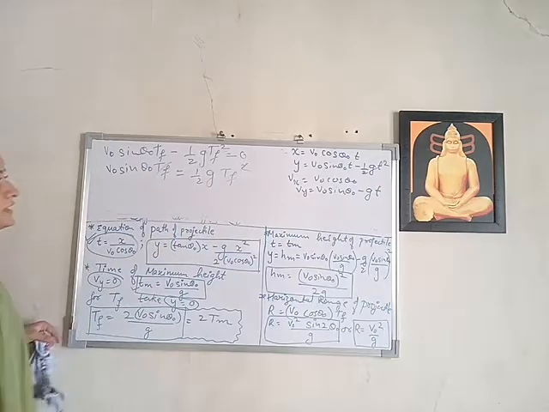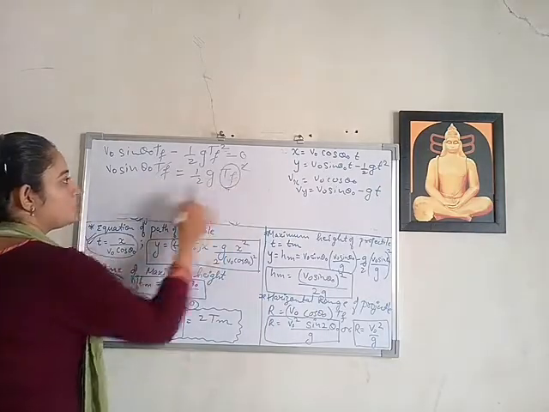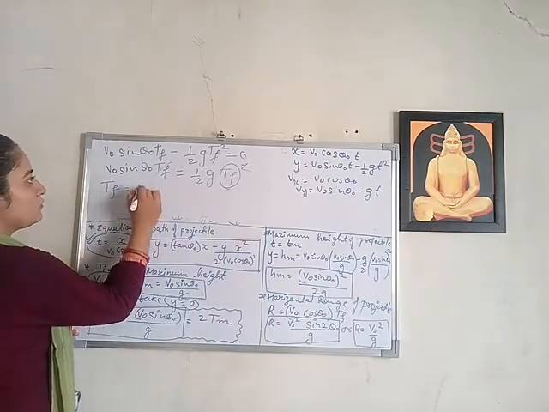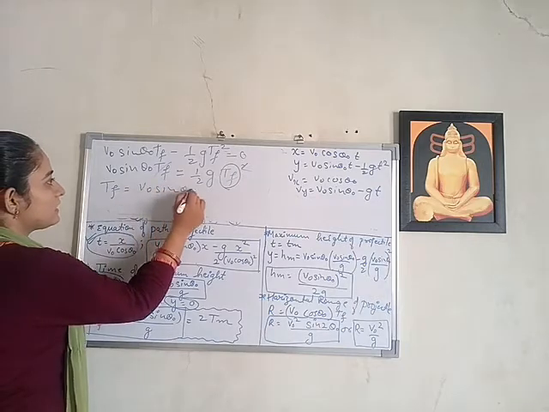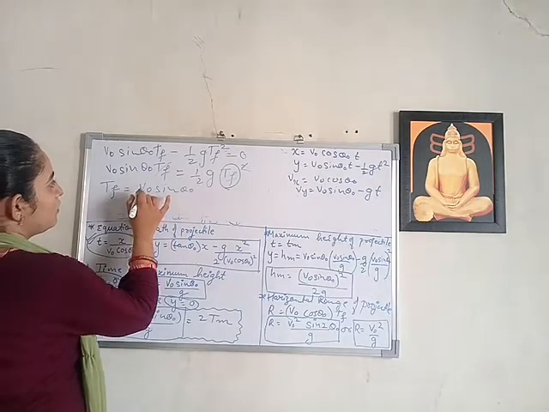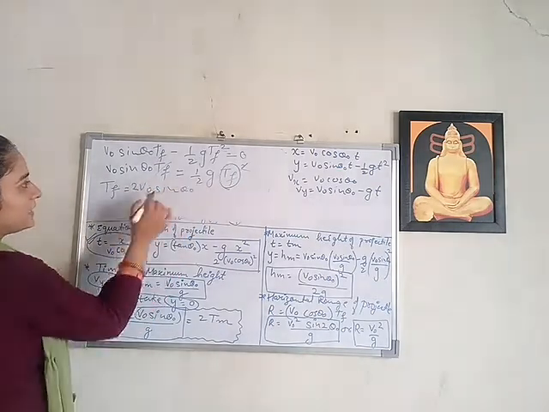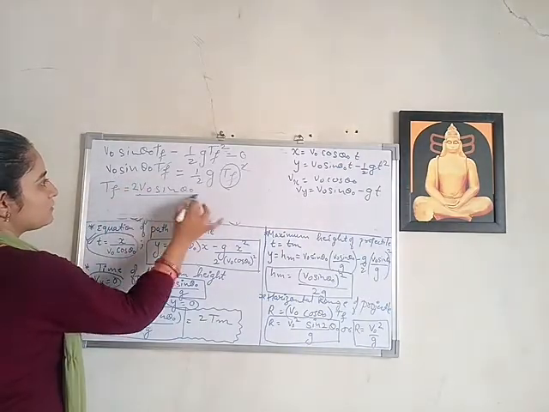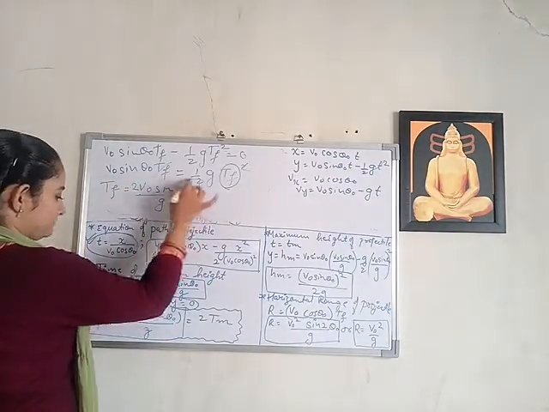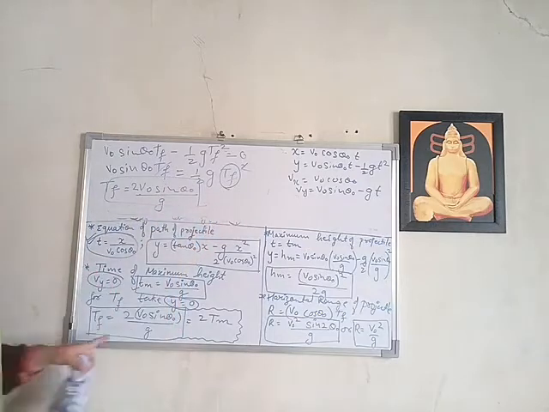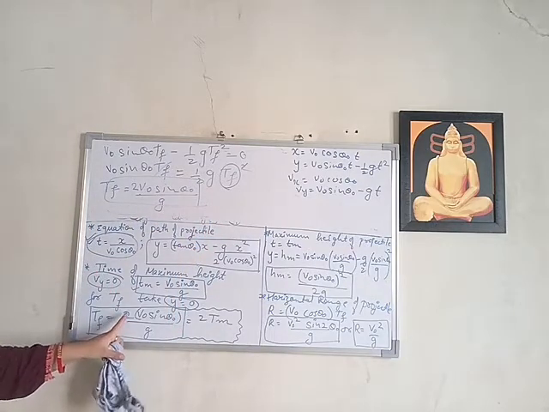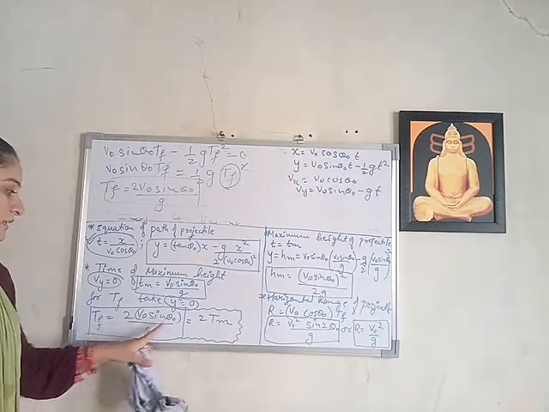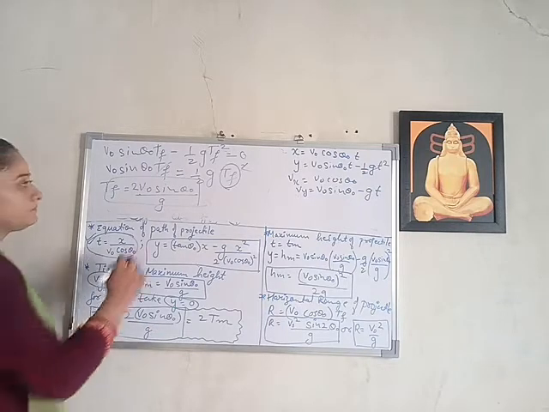One tf cancels out. Now this tf will be equal to V0 sin theta 0, and this 2 is multiplied here, so 2 V0 sin theta 0 upon g. So this is your time of flight, that is 2 V0 sin theta 0 by g.